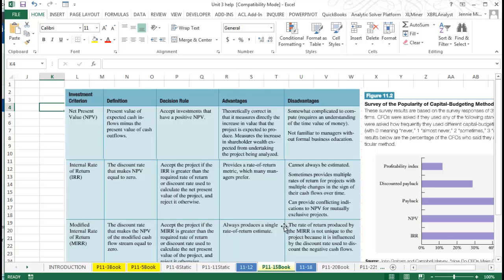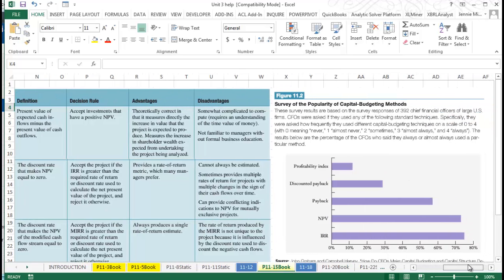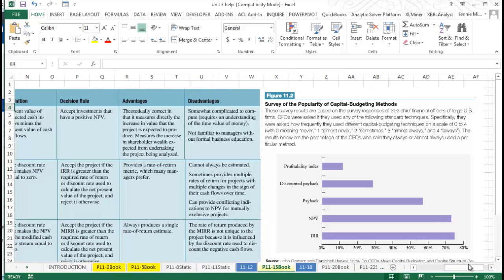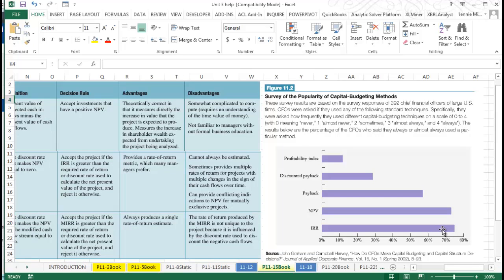One of the things I wanted to include in here was the survey outlined in our textbook of the most popular capital budgeting methods. If you'll notice here, the internal rate of return is the most popular, with net present value following very closely behind it.